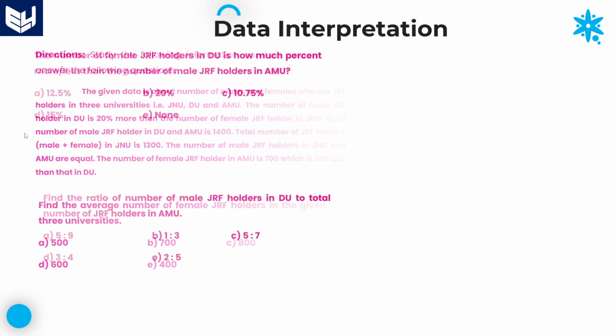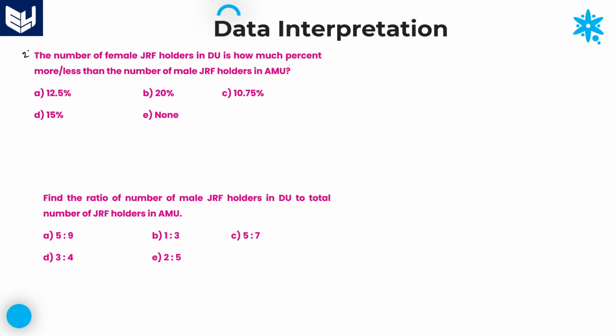Next question, second one. See here, before going to this case, I am just writing all the values: JNU, DU and AMU, and next male, female, total. First value is 800, 500, 1300.